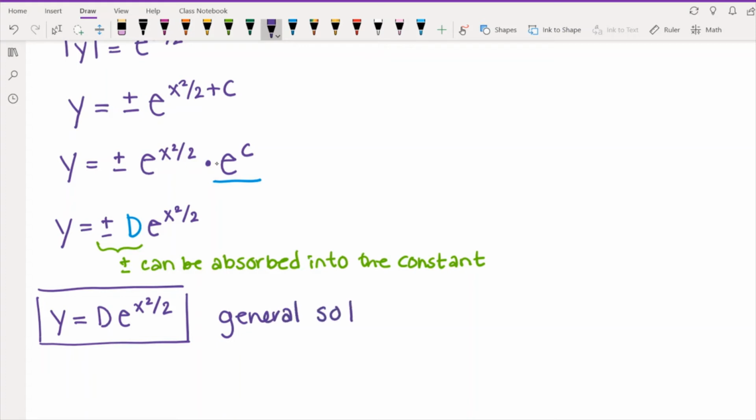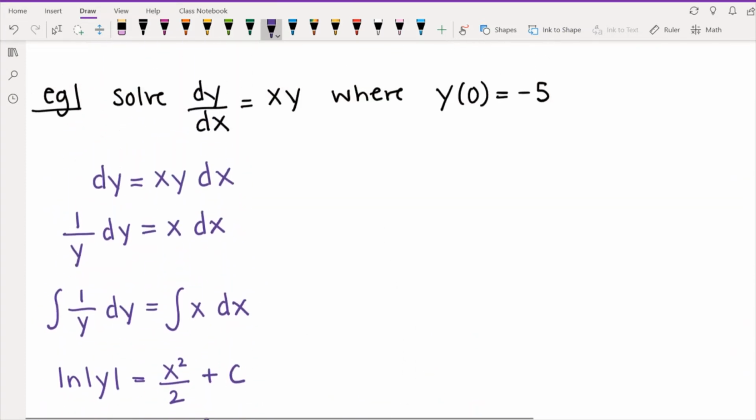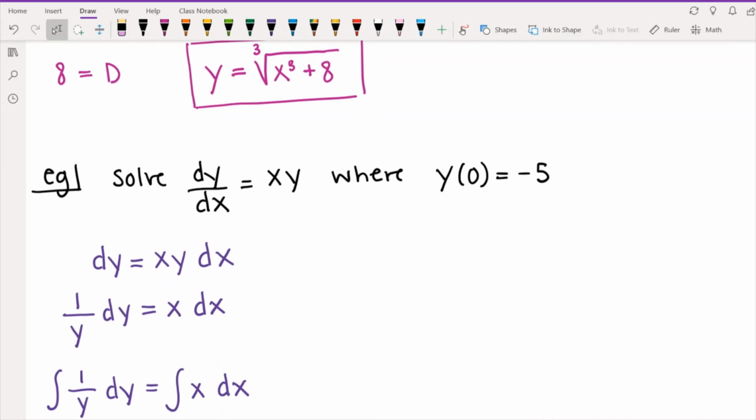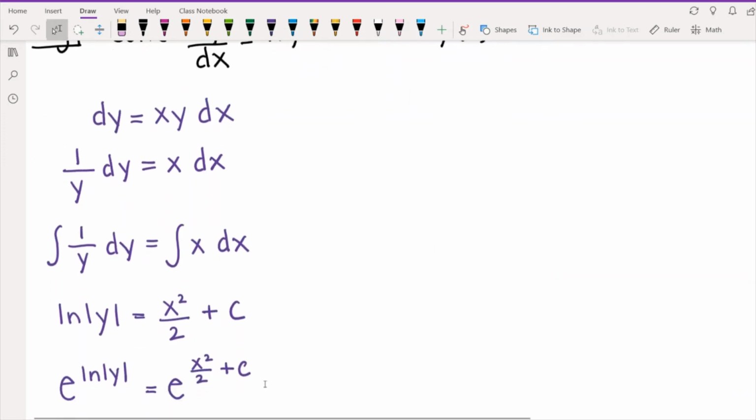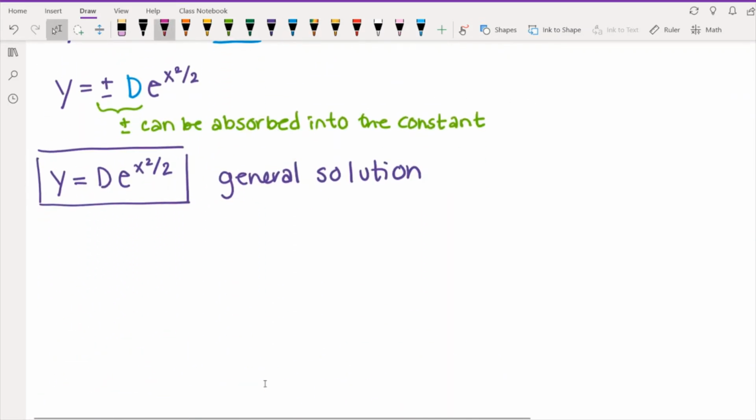So now we need to find the particular solution. So the information we are given in this case is that y of 0 is equal to -5. So that's what we're going to be plugging in. So we want to plug in 0 for x and set it equal to -5 for y.